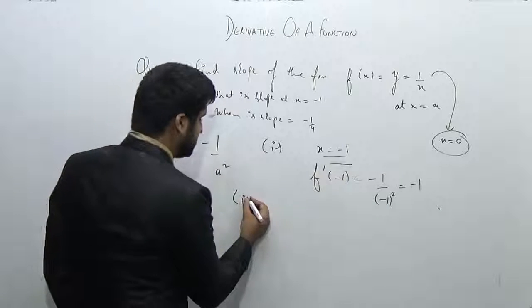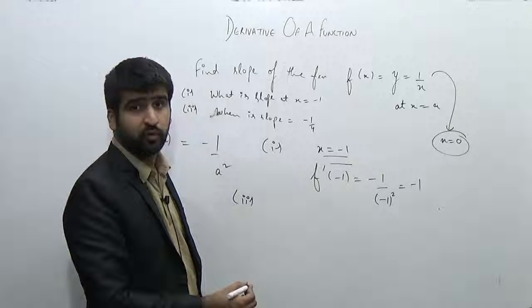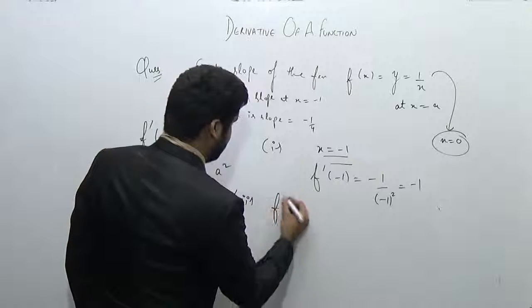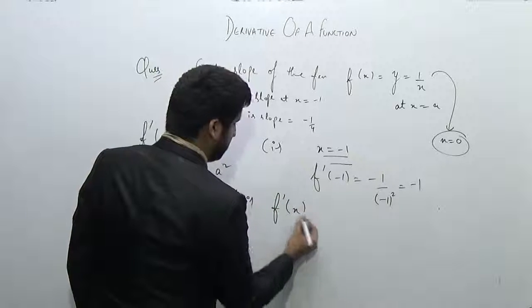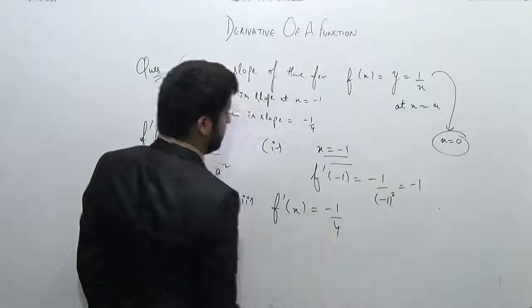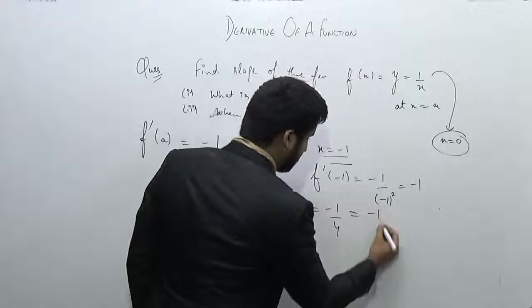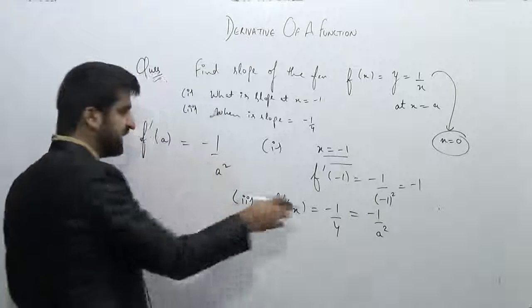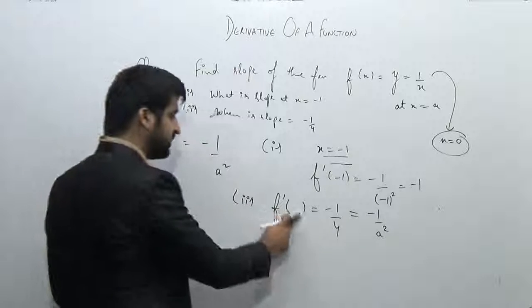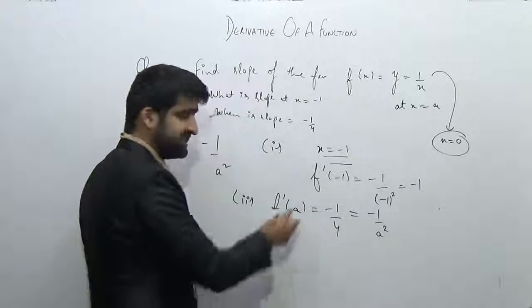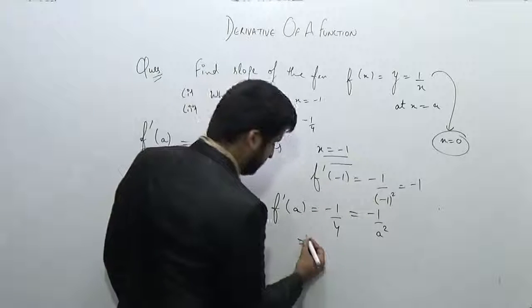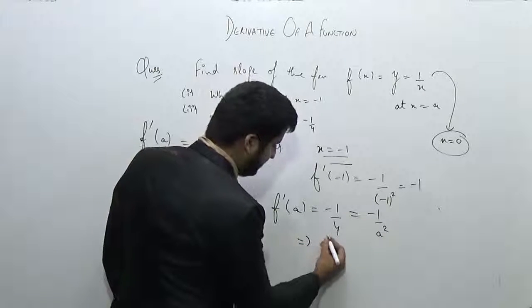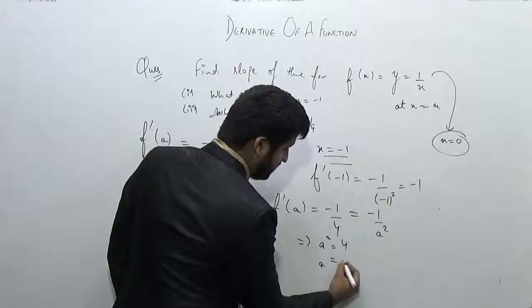Right? Now the second part is, when is the slope -1 upon 4? Now it is given that f dash x is equal to -1 upon 4. Now we know that the generalized slope is -1 upon a square for the value of x is equal to a. So we can equate these two and we will get a square is equal to 4.